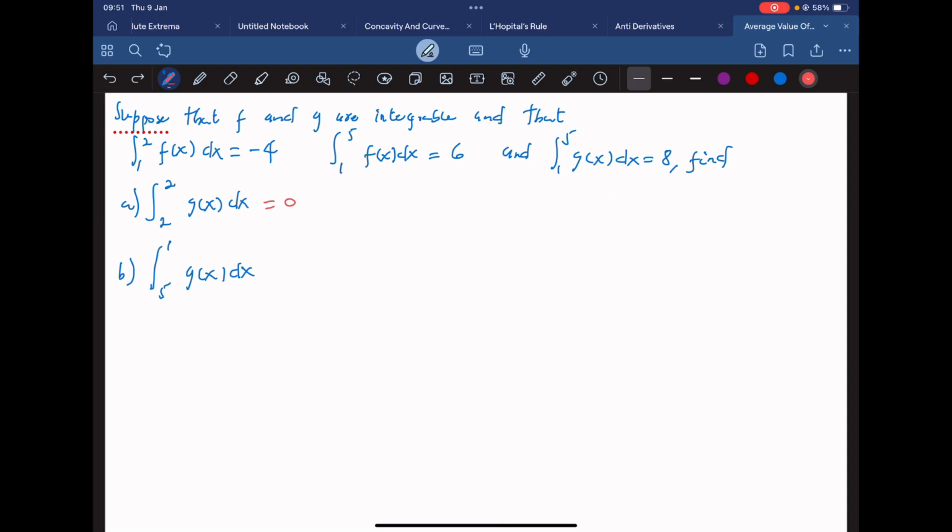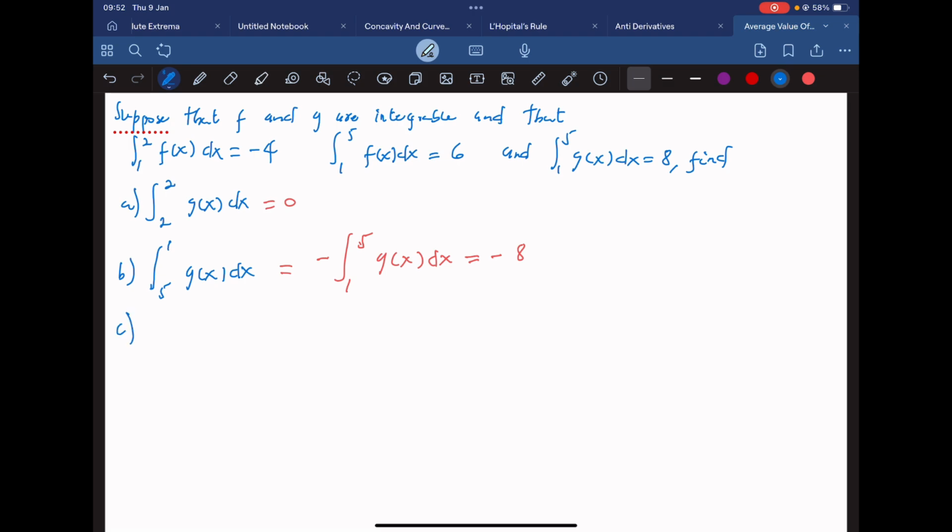So what we have to do is, we can also interchange our values right here. But if you interchange those values, you have to bring a negative in front. Then you have 1, 5, and g of x dx. So you're going to have negative. Now this was given to us in the question to be 8. So in that case we have negative 8 to be our answer.